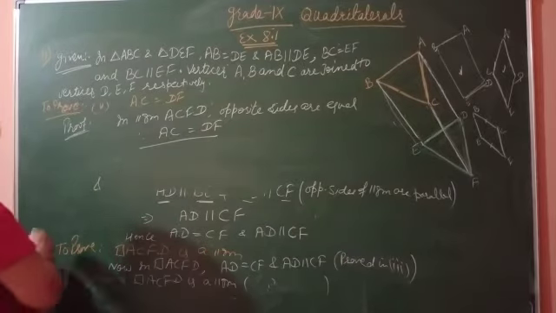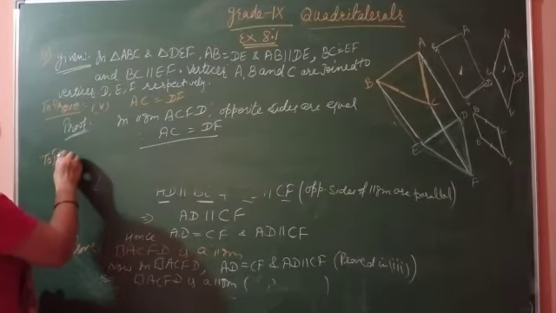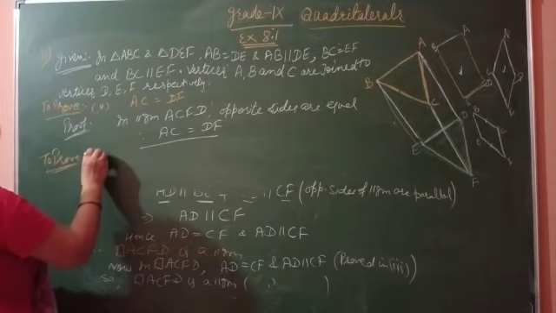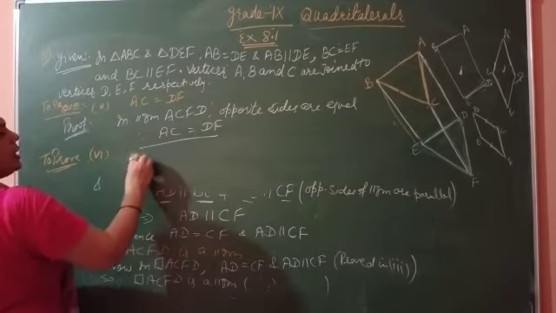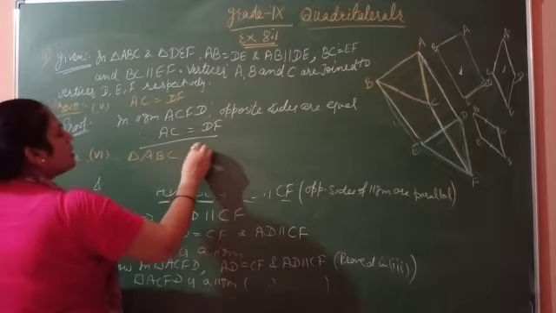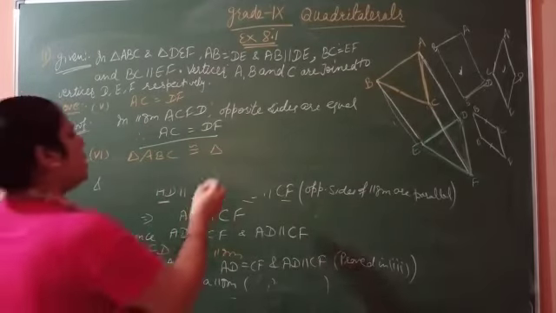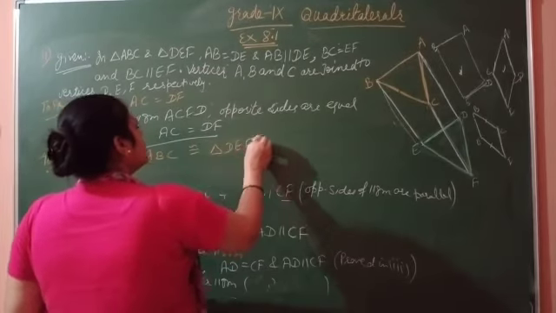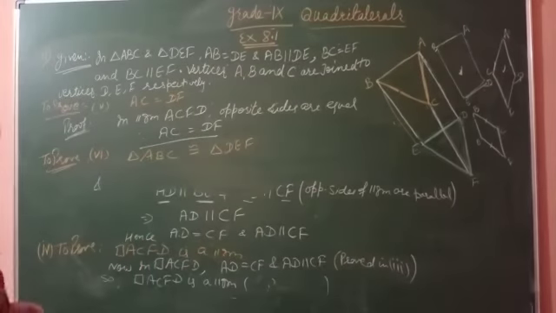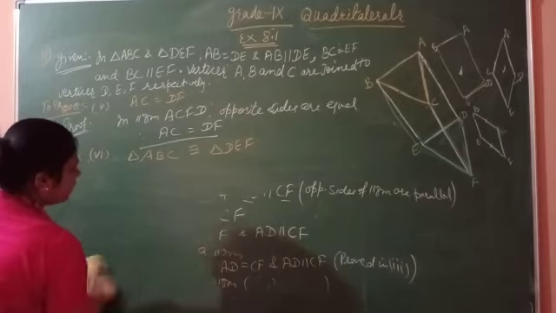Now our sixth part: what do we have to prove? We have to prove that triangle ABC is congruent to triangle DEF. So how do we prove that these triangles are congruent?